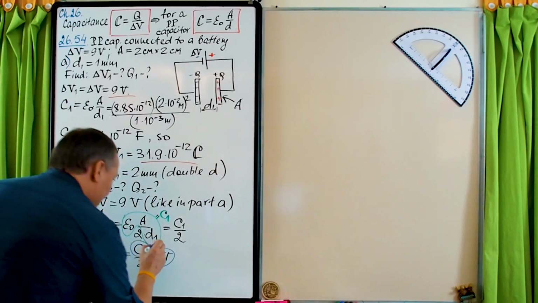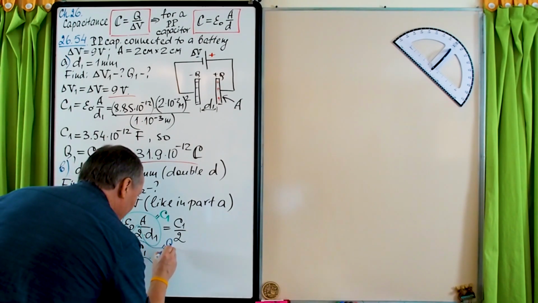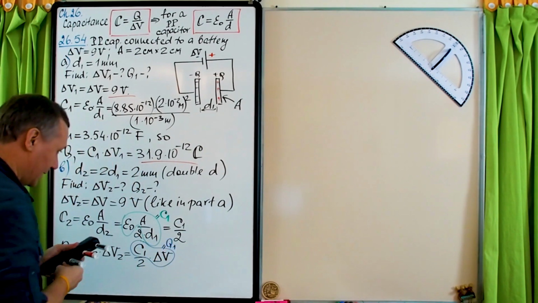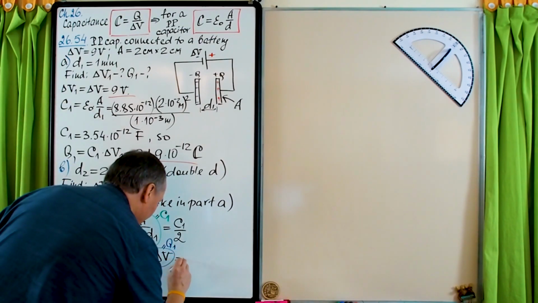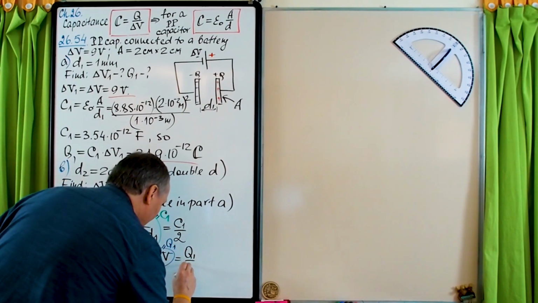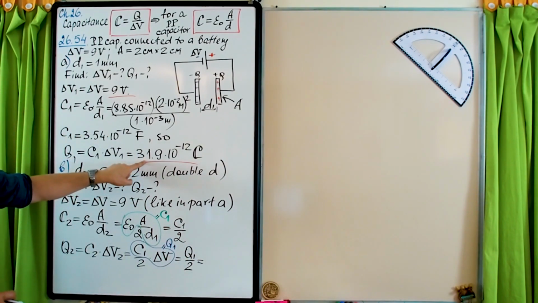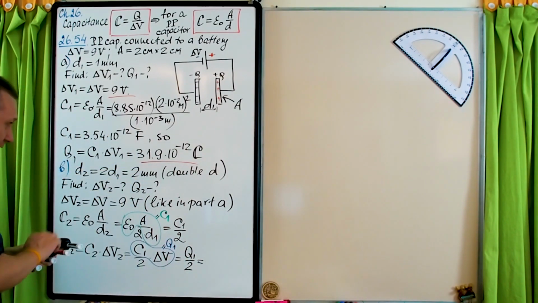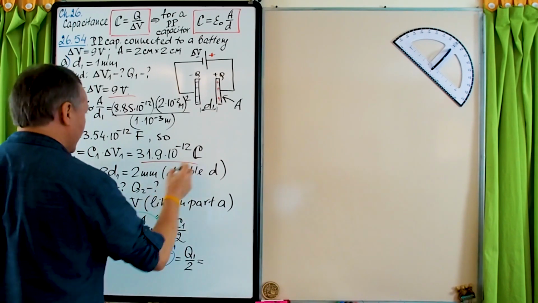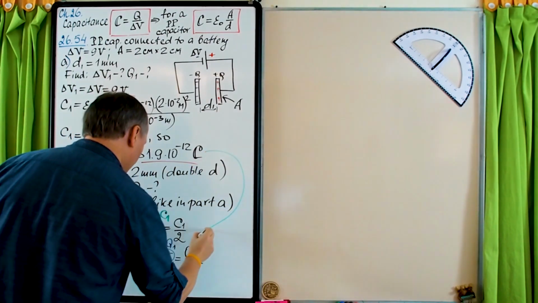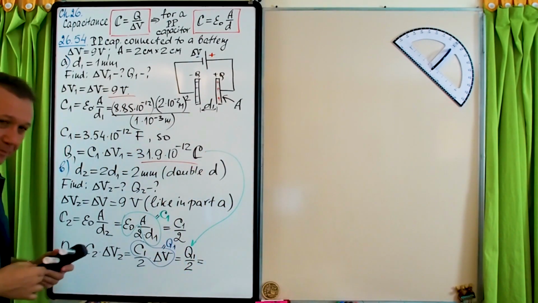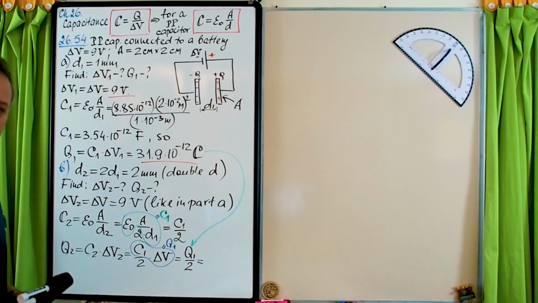So this is Q1. As a result, I can write it's Q1 divided by 2. Okay, Q1 is this. I can even show where that Q1 is here. So I'll plug it there, and I can get the answer.